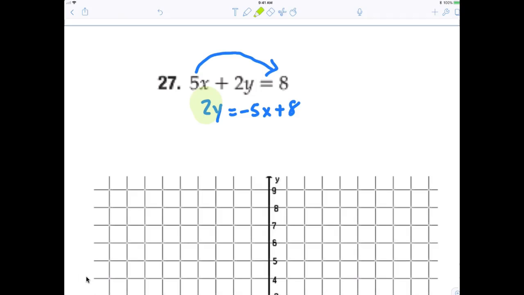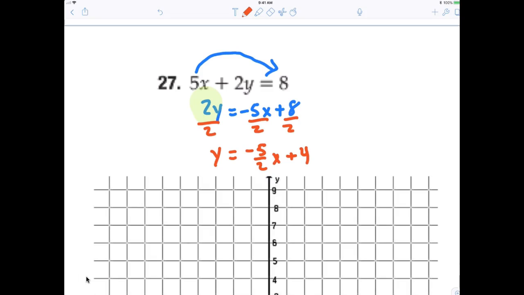No, you do not add. How is the 2 attached to the y? Divide everything by 2. So now I have y equals negative 5 halves x plus 4. Do you agree with that? You sure? Okay, now we graph.